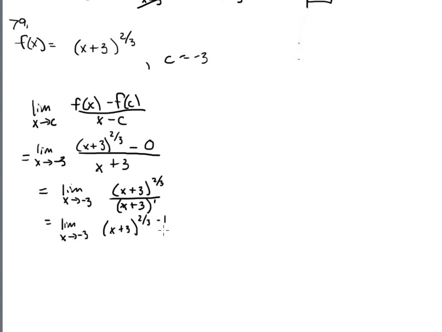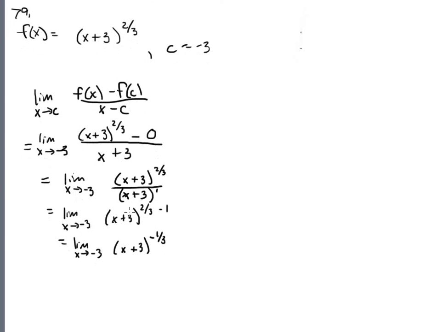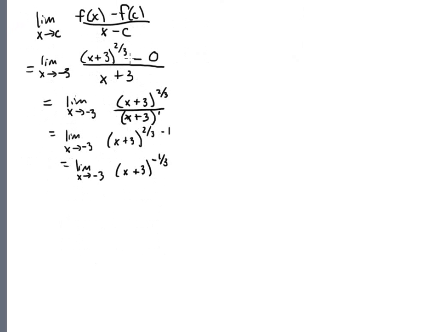1 can be rewritten as 3 over 3, so it's 2/3 minus 3 over 3, which is equal to the limit as x goes to negative 3 of x plus 3 to the negative 1 over 3. Right?